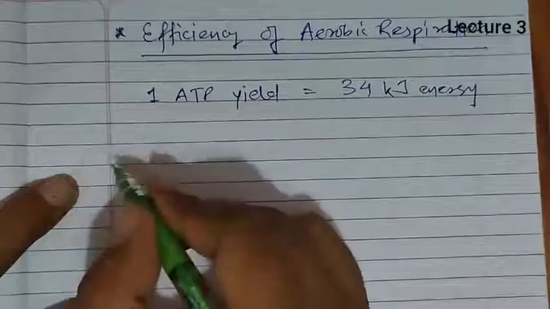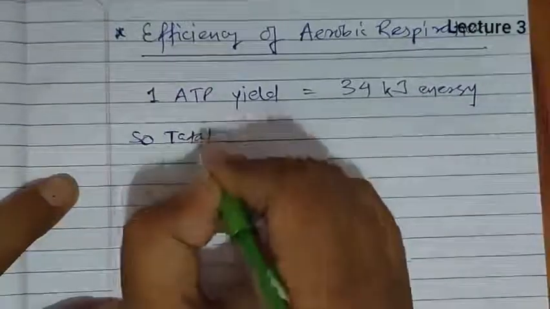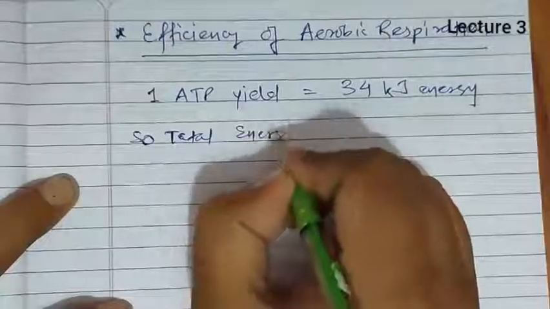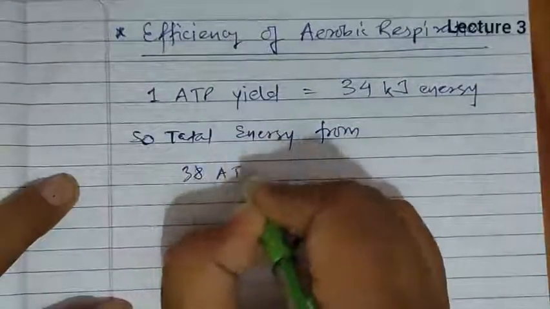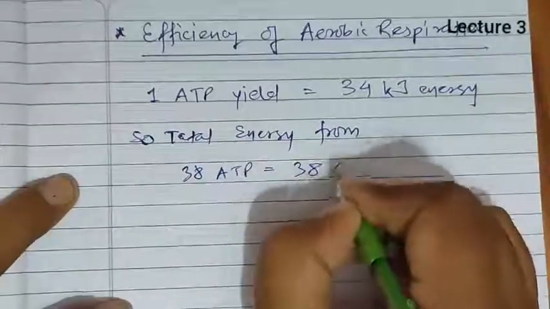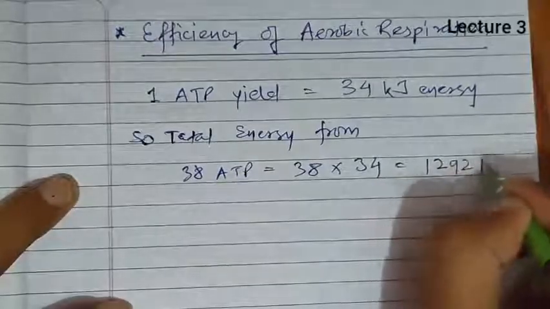So the total energy from 38 ATP is 38 into 34, which becomes 1292 kilojoule energy.